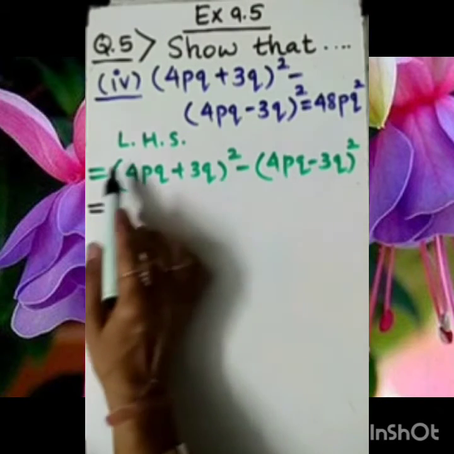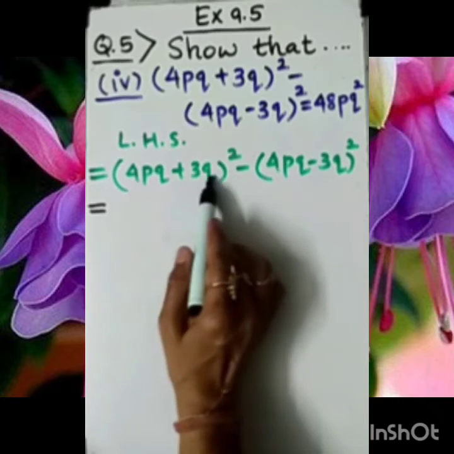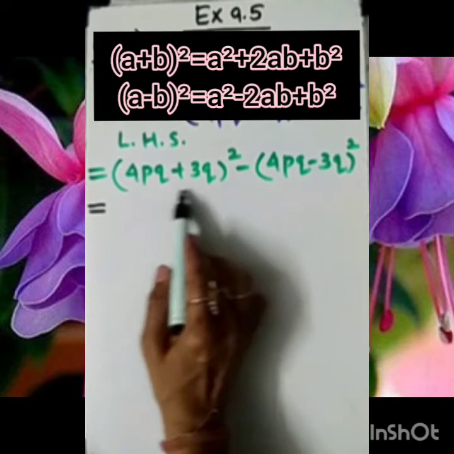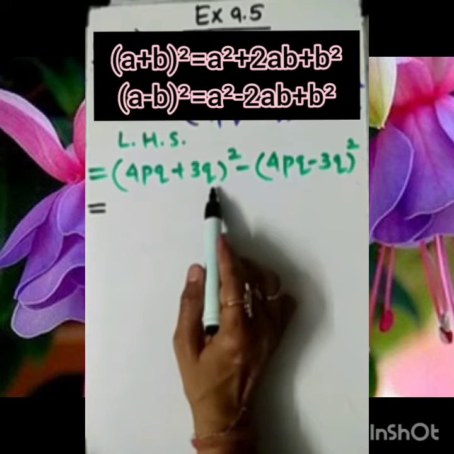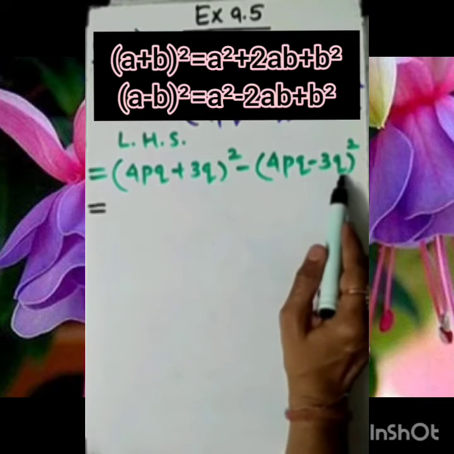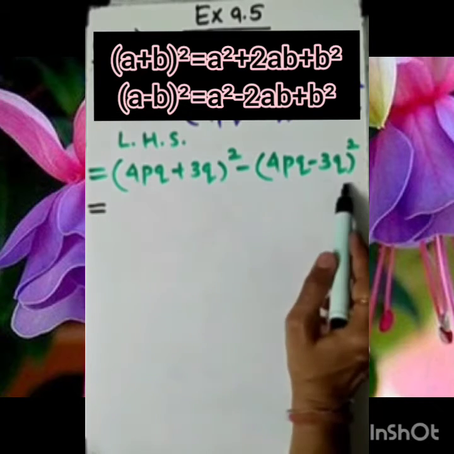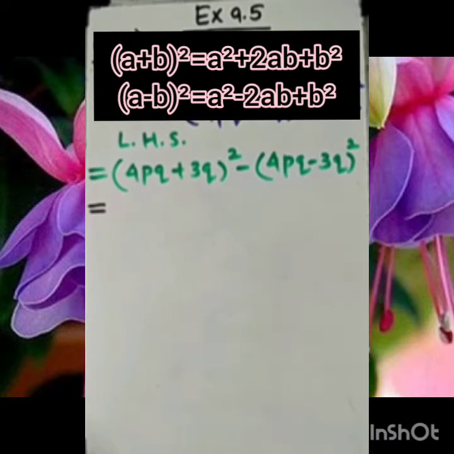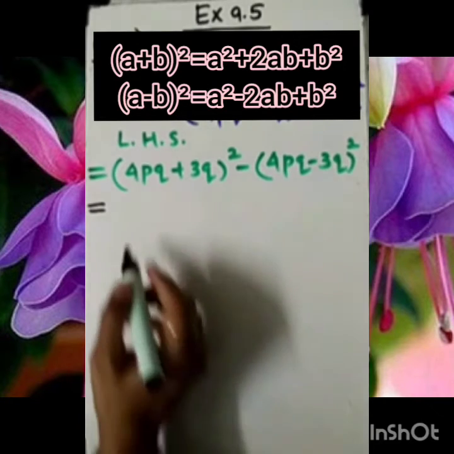In the first part we can see the square of a binomial with a plus sign between, so for this we need to apply the first identity. Here it is minus, so for this part 2 we need to apply the second identity. You know very well which is our first identity.